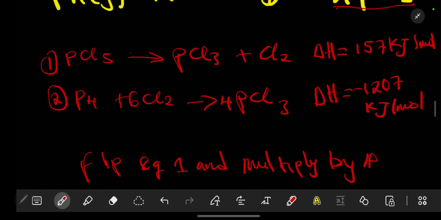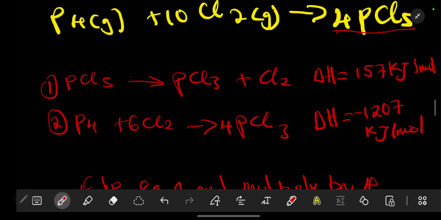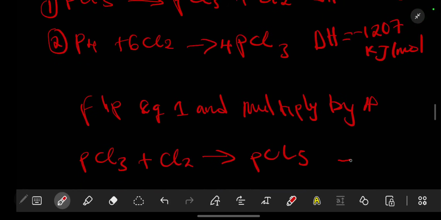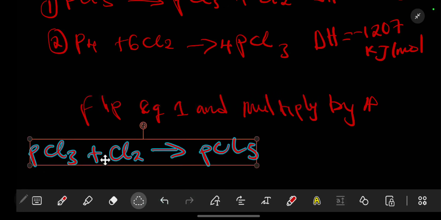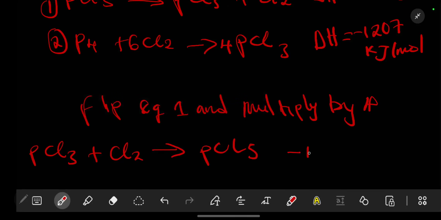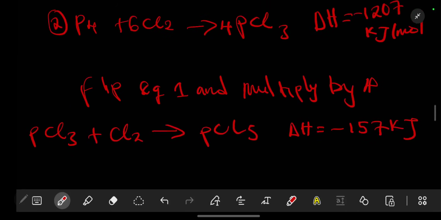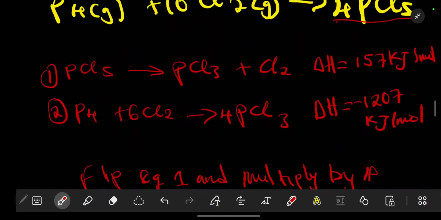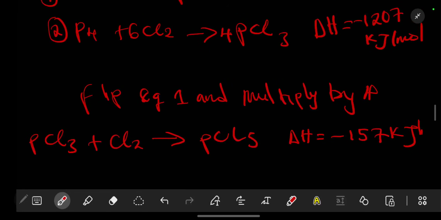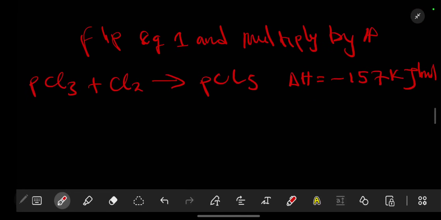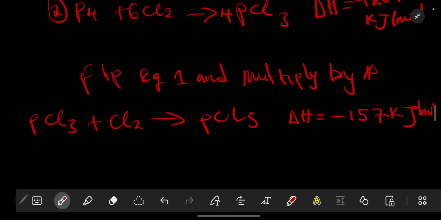Then this enthalpy is negative 157, and since you have reflected the equation, it will be positive 157 kilojoules per mole.